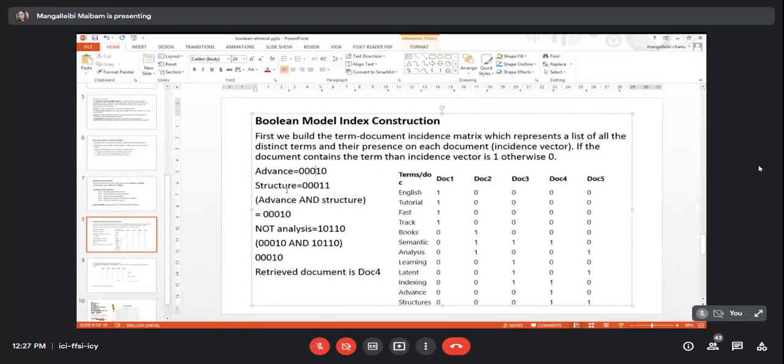Only when 1 and 1 is there, it will return 1. So 0 and 1 returns 0. 1 and 1 returns 1. 0 and 0 returns 0. 1 and 1 returns 1.